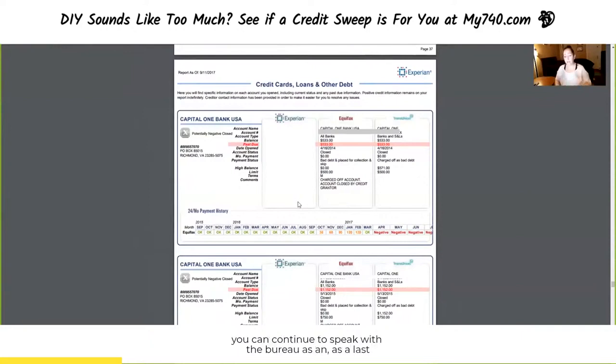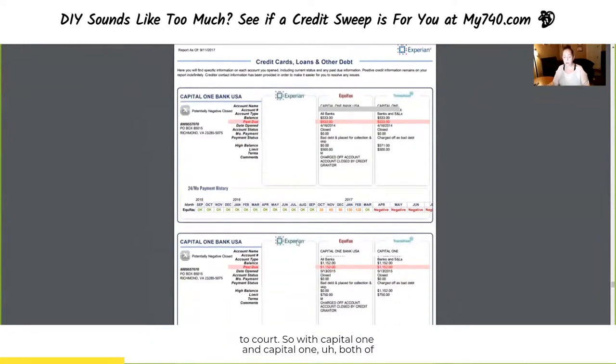You can continue to dispute with the bureaus, and as a last resort, you can go pay anywhere between $25 and $75 and take them to court.